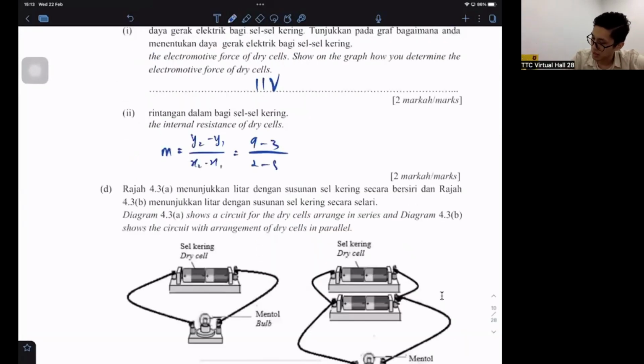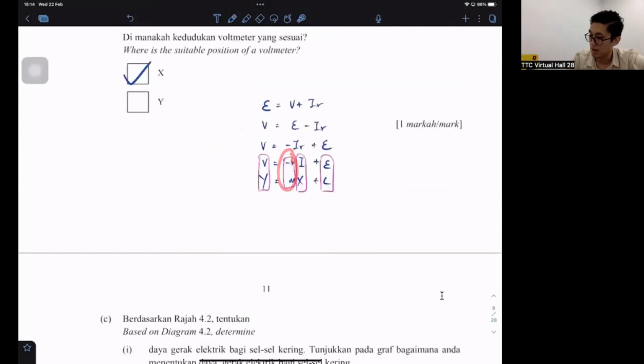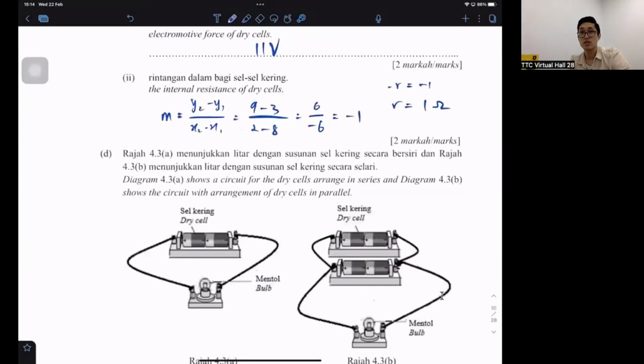So this is 6 over negative 6, which is negative 1. And remember, negative r is equals to m. So negative r is equals to negative 1. Yeah, m is negative 1. So r is equals to 1 ohm.